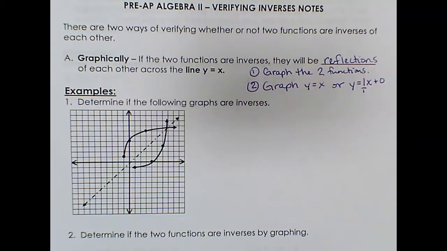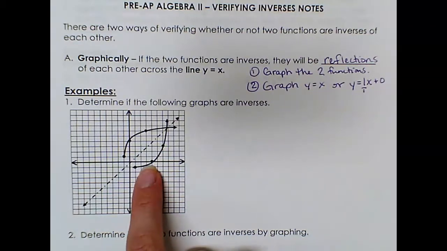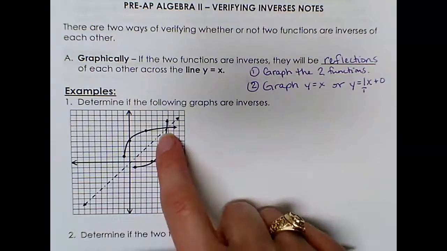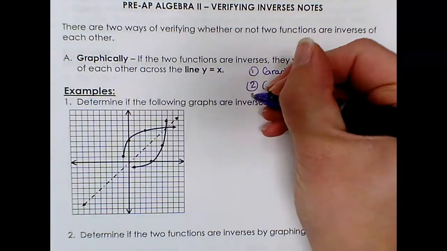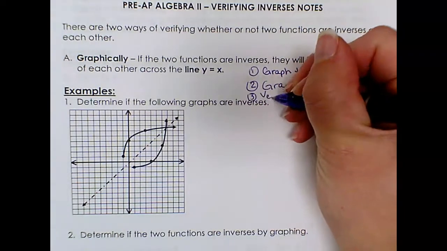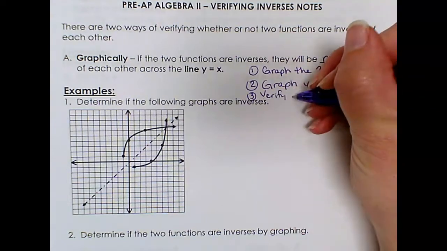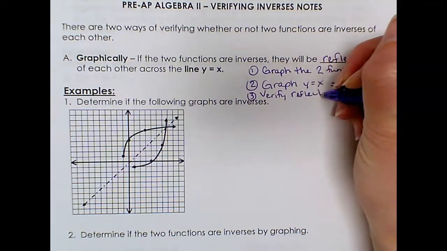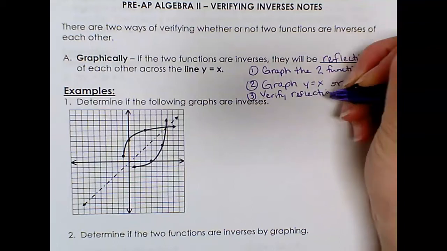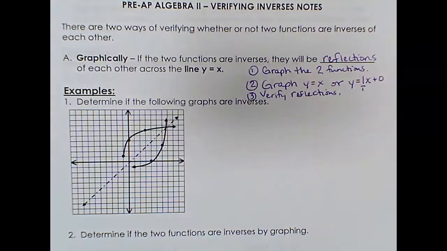In our example, we're going to have the two functions graphed for us, and y equals x graphed for us. The last thing we need to do is verify that they are reflections. Count diagonals to the line y equals x and past the line y equals x.